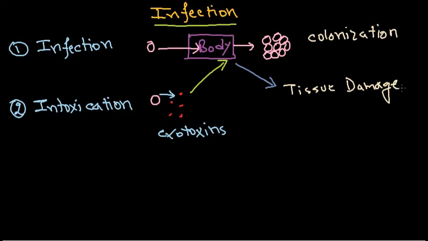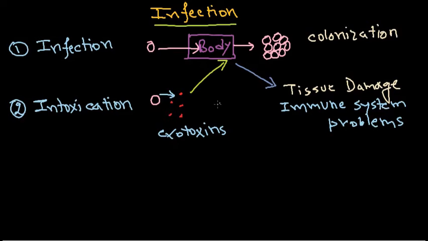And also, majorly it is associated with tissue damage, except for that, immune system problems. So these are the different types of problems associated with this kind of intoxication by Staphylococcus.